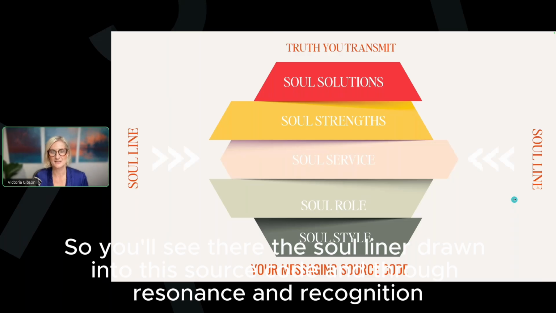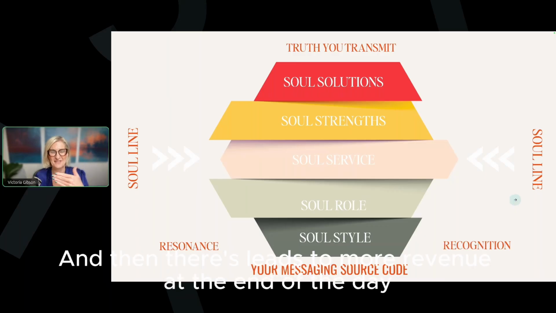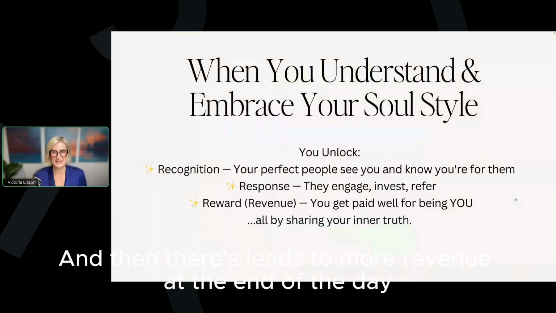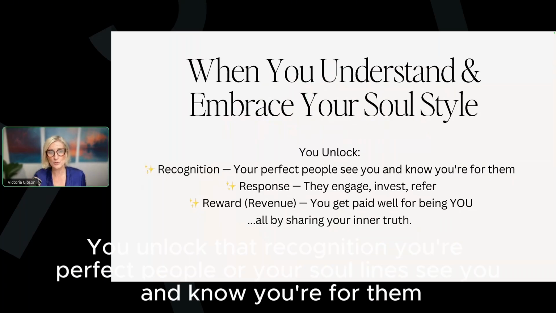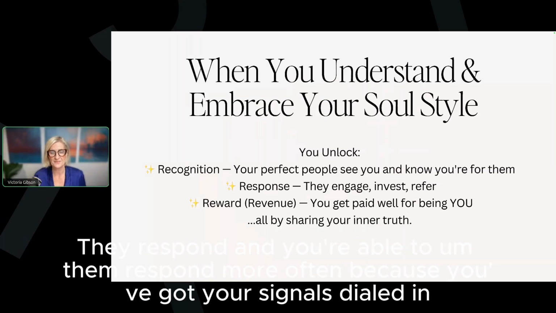So you'll see there the soul line are drawn into this source code, and through resonance and recognition, that leads to more revenue at the end of the day. Because when you understand and embrace your soul style, you unlock that recognition. Your perfect people, or your soul line, see you and know you're for them. They respond, and you're able to get them to respond more often, because you've got your signals dialed in.